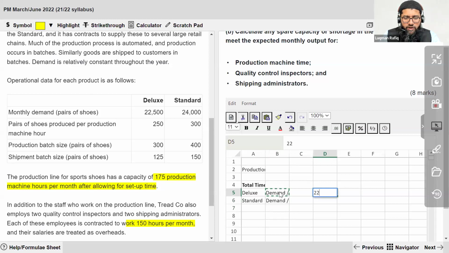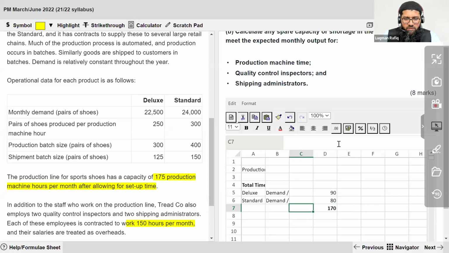So it is like 22,500 divided by 250. It is like 24,000 divided by 300. So it is going to be what?